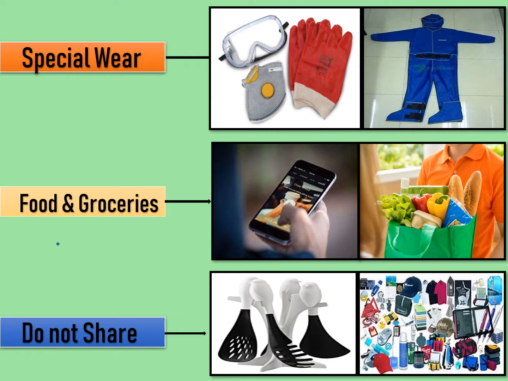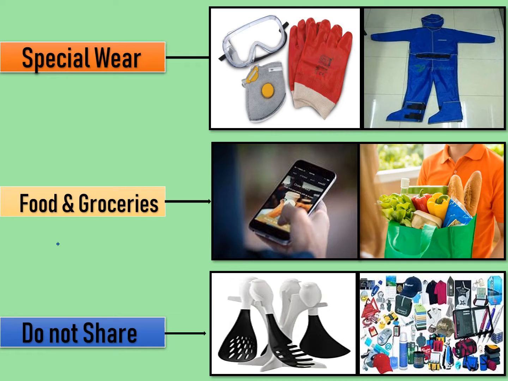Next, they need to avoid going outside for any kind of needs or wants. For this purpose, they can use mobile apps and order by phone all their necessary goods, foods, groceries, or medicines, or any kind of items they require.